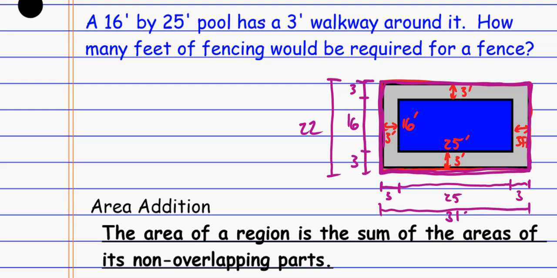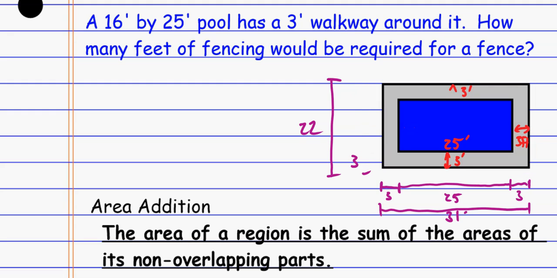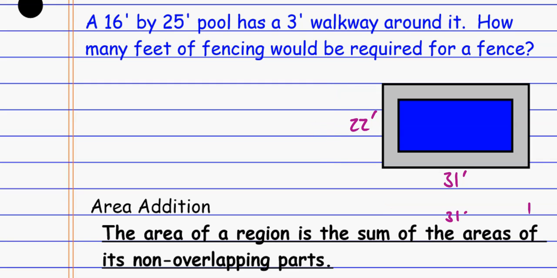Okay. And so as I look at this thing, if I erase all of this extra stuff that's all over the place, the dimensions that I really need now are just the overall dimensions. The overall length of this thing is 31 feet, and the overall width, including the concrete pathway, is 22 feet. And so if I said, hey, what's the perimeter?